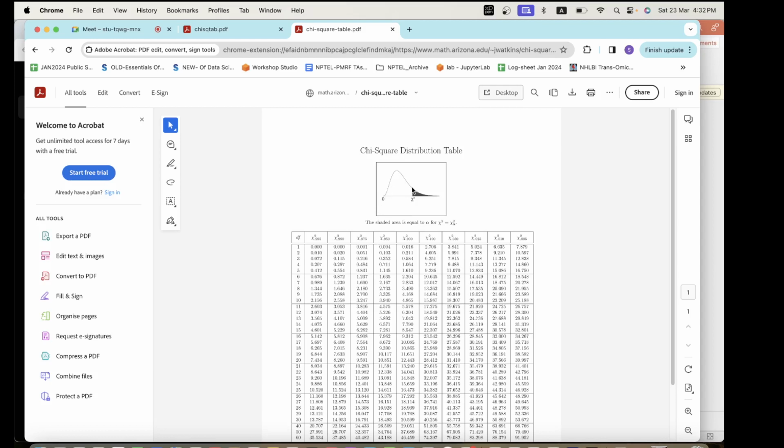So what usually is given to you in the form of a table is this shaded area. Alright. So for example, in our case, we needed df 15. So let's go here.